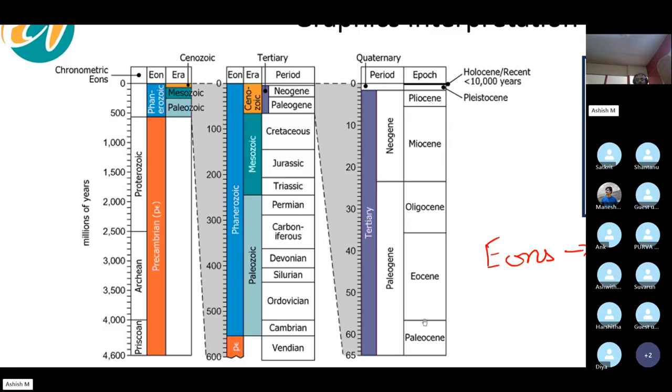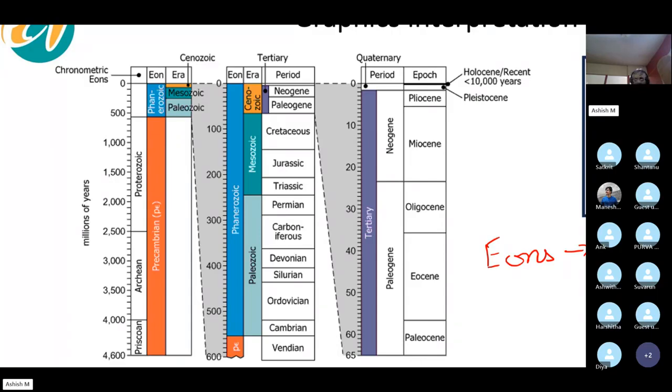So Paleogene has 3 epochs. Neogene has essentially Miocene and Pliocene. And now there is a Holocene. So if you look at it, it looks like we are in the Holocene epoch right now. Wow. Okay, all right, all right.